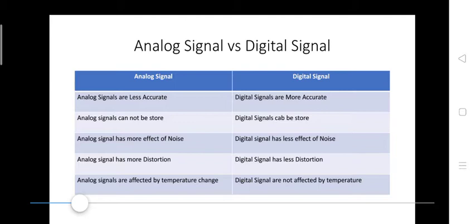The quality of sound at Pune is much better than quality of sound in Indapur, because in Pune you get more accurate signal. In Indapur you get noisy or distorted signal. So analog signals are less accurate, digital signals are more accurate.